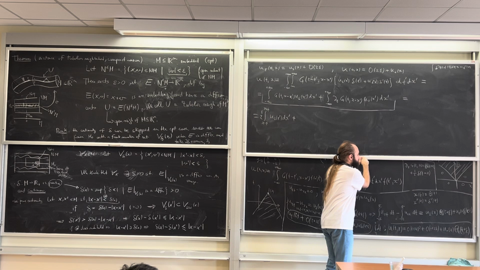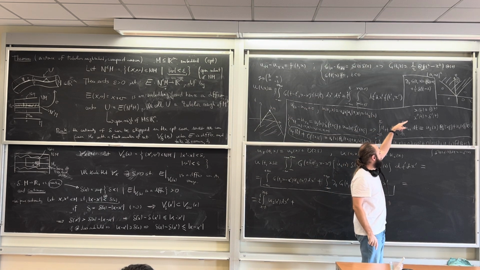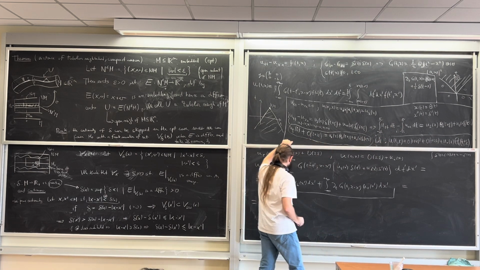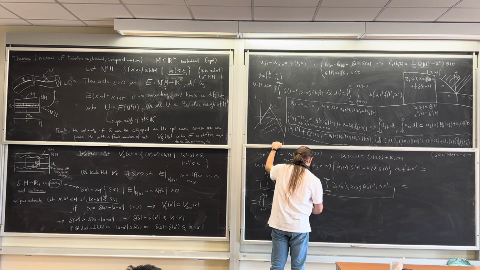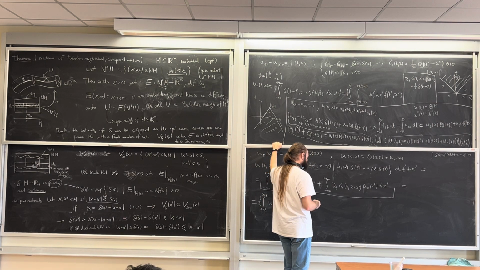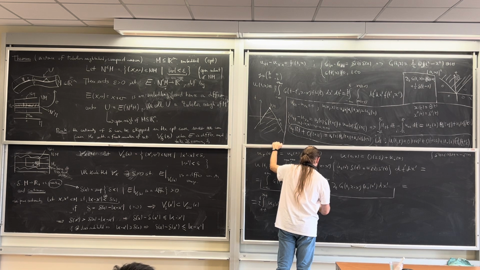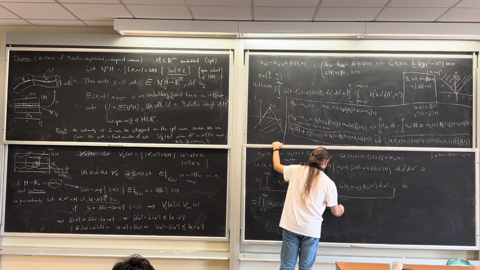So if you substitute it here, and you now integrate these delta functions with u0 of x prime, we will get plus 1/2 u0 of x minus t plus u0 of x plus t.